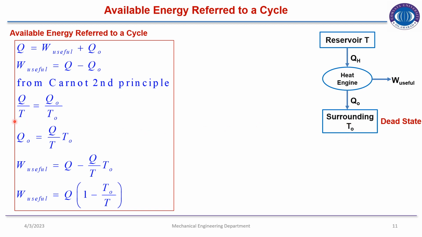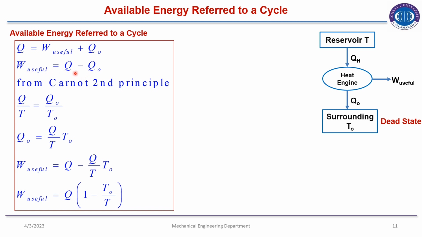This relation is from Carnot's second principle. So Q naught is equal to Q by T, times T naught. Q naught is the amount of heat that is rejected to the surrounding.